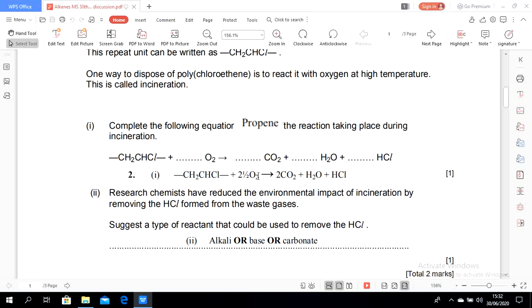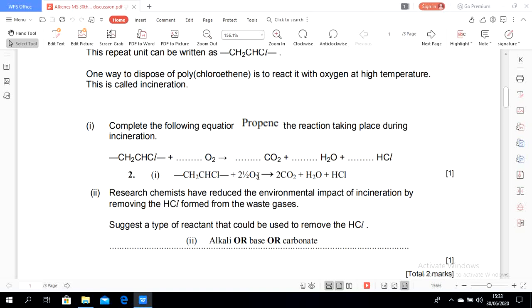But the complete combustion does not only produce carbon dioxide and water, there is also hydrogen chloride. Hydrogen chloride is a gas. It is a harmful gas, a strong acid gas. It is not environmentally friendly.